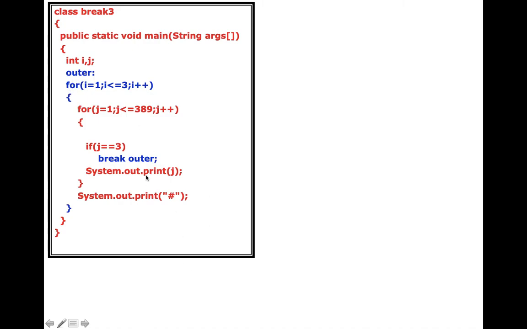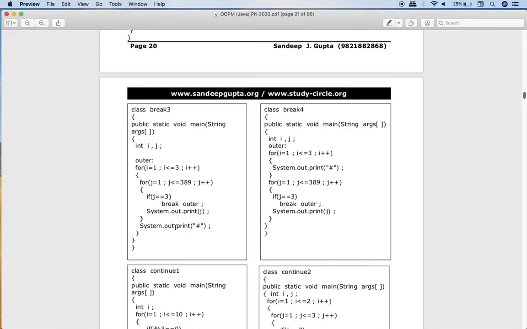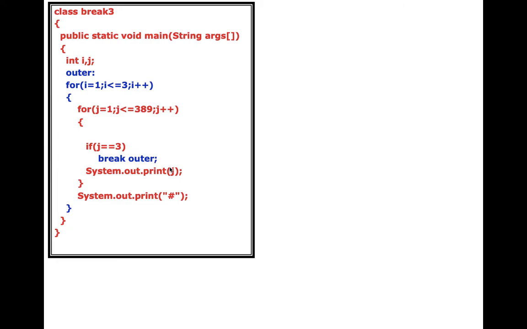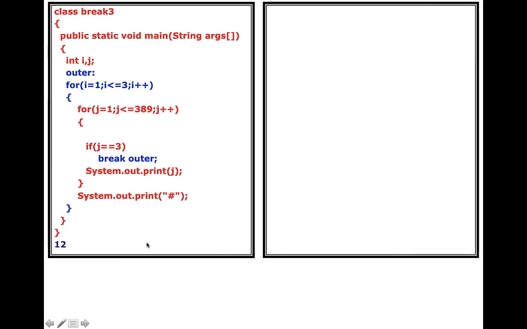Now pause the video and write the output of break 3 in your printed notes. Come on, do that. So did you write the output? Well, it is 1, 2. Very simple. If you have understood break 2, then understanding break 3 is very simple. Over here I will take the value 1, and the compiler comes down to the for j loop. j takes the value 1.